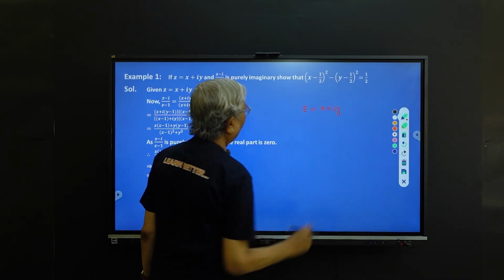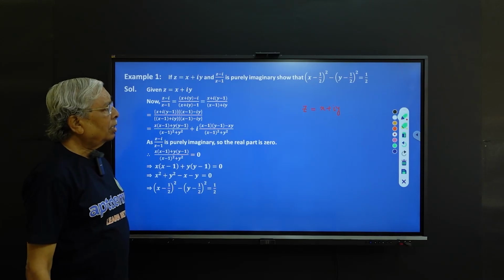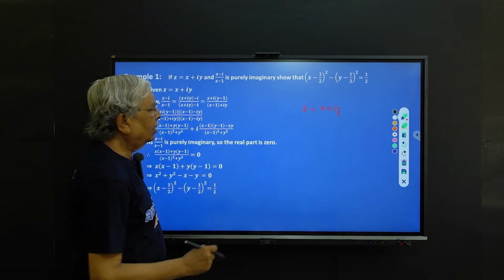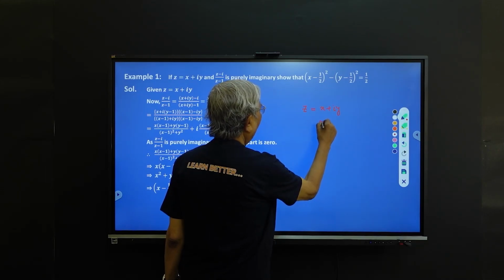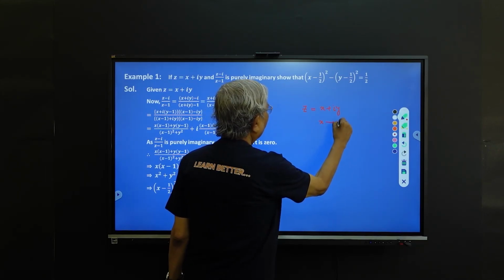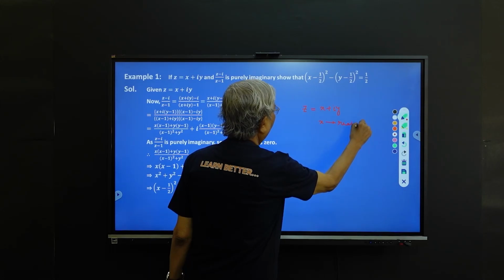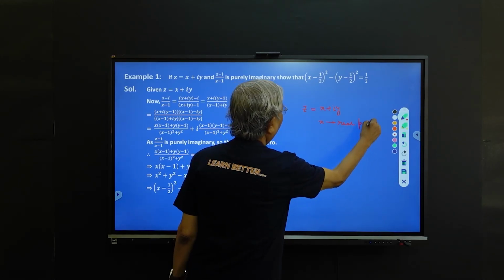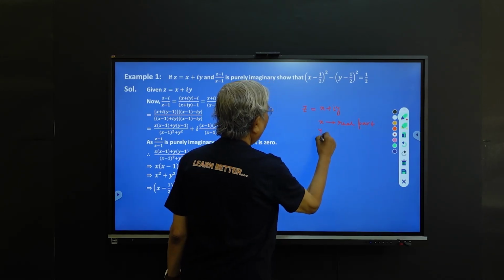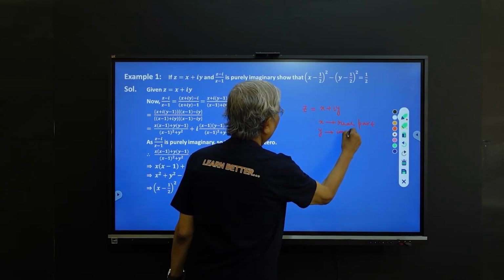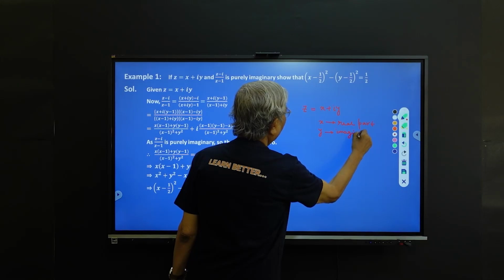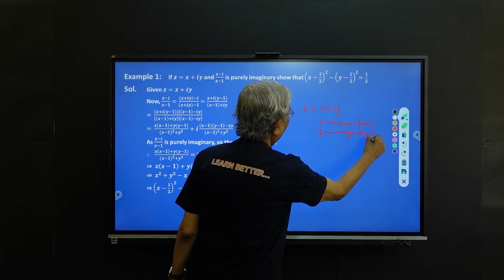This was the definition of the complex number, where x and y are both real. X is called the real part of the complex number, and y is called the imaginary part.